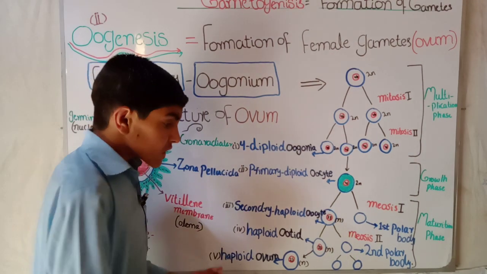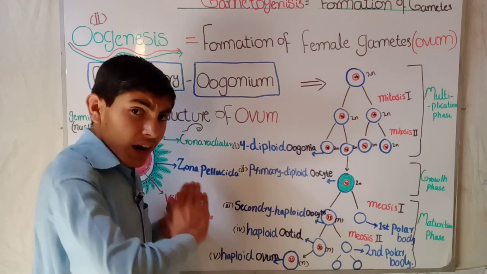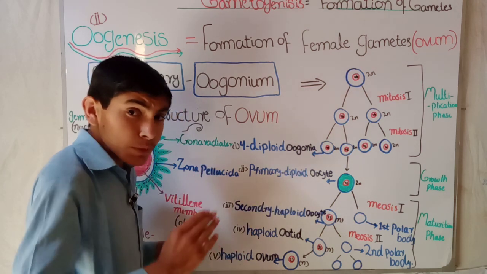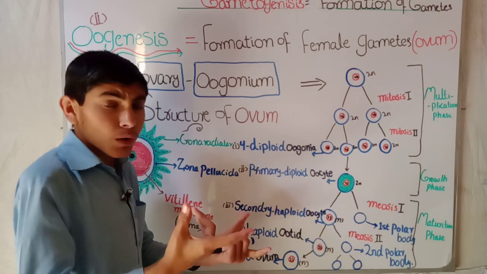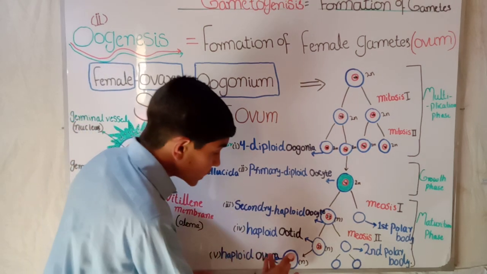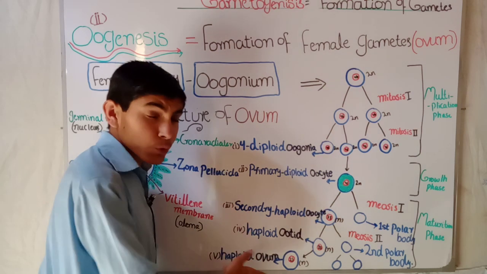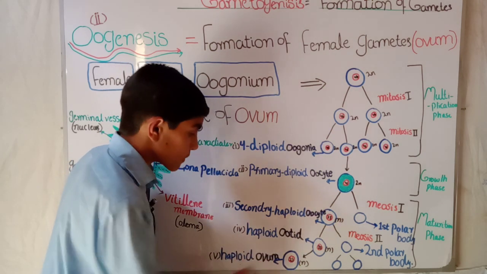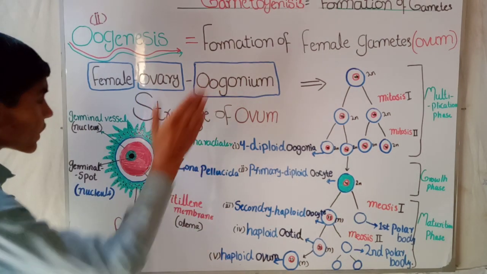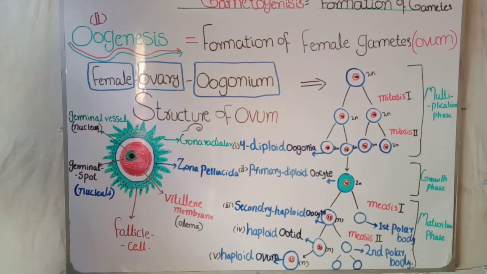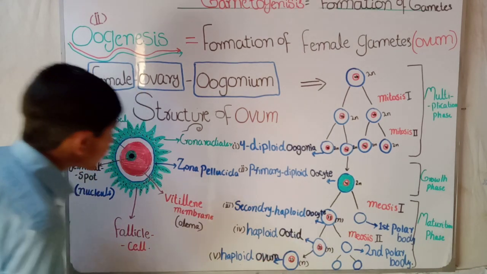It is because the other cells are not involved, and therefore in the female only 1 cell is produced, while in the male a lot of sperm are produced, and the egg is produced once per cycle in every female. Okay, so this was the formation of the ovum. Now we will talk about the structure of this ovum.